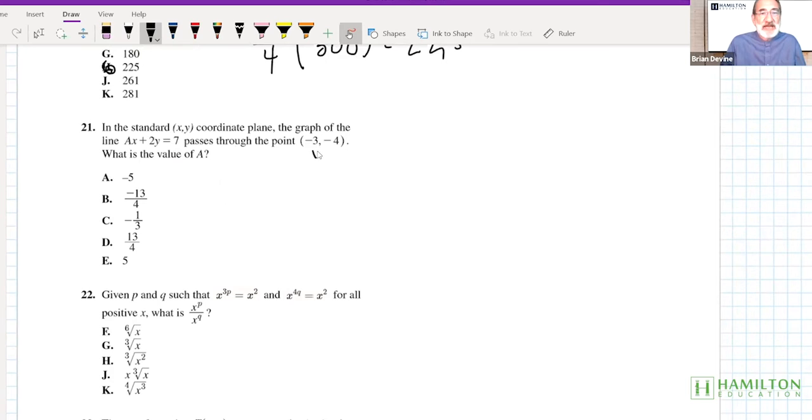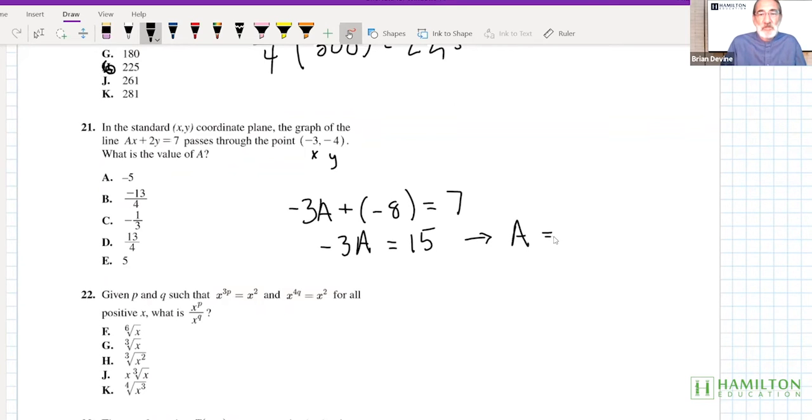Well, they gave us an X and a Y that's on this line, so let's plug them in for X and Y. So -3 times A plus -4 times 2 has to equal 7, according to what they gave us. So -3A has to equal 15, adding 8 to both sides. So this tells us that A must be -5. And A is your answer.